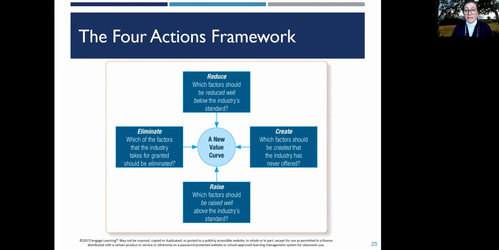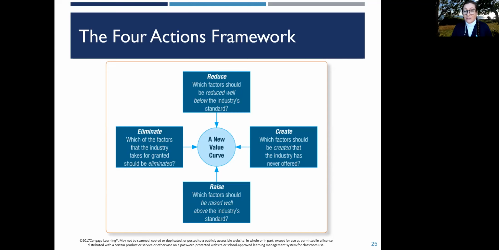So what you're doing here is looking at the factors that the industry operates on, and you're asking yourself, can you eliminate these factors that might be taken for granted? Are they actually necessary? Look at the key success factors considered within an industry and see if they can be reduced, or can they be increased, okay, above the industry standard?